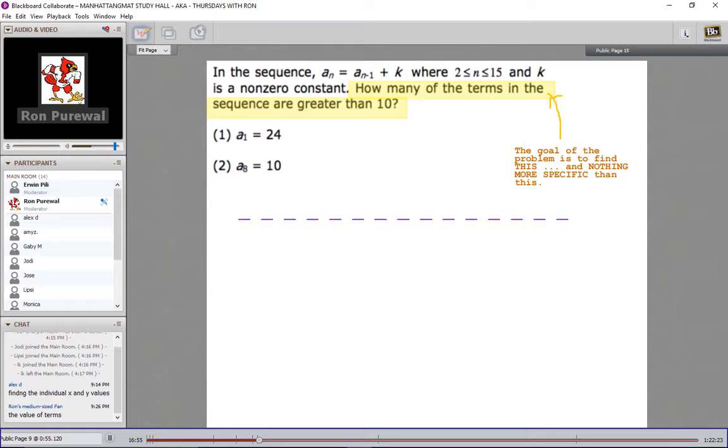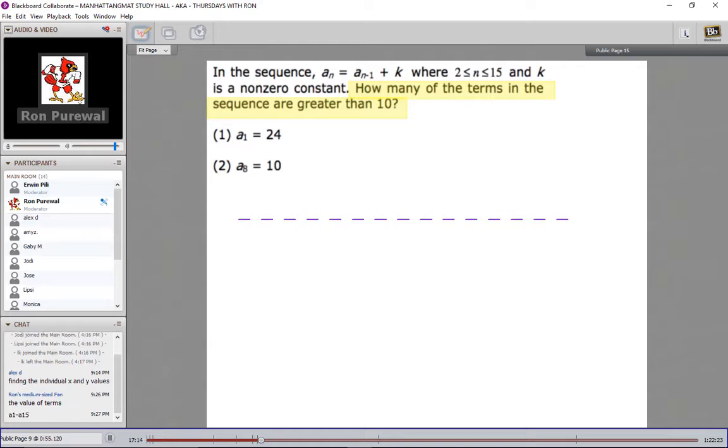By the way, what are the term numbers of this sequence? The terms in the sequence are numbered what through what? Yeah, it's terms 1 through 15.